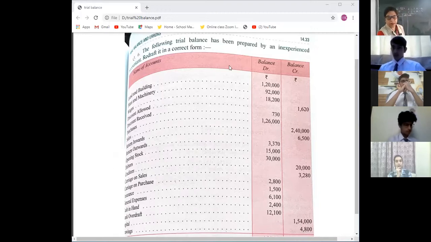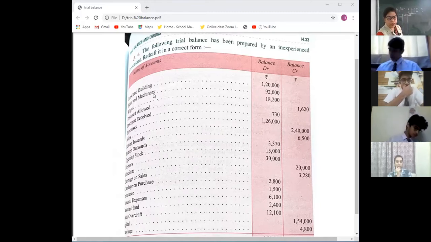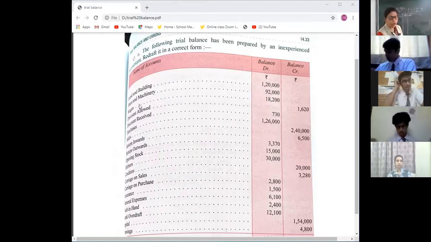Land and building, asset, that's why in debit. Plant and machinery, asset, that's why in debit. Wages, expenses, that's why in debit. Discount allowed, expenses, that's why in debit.